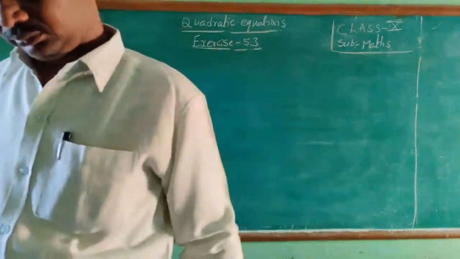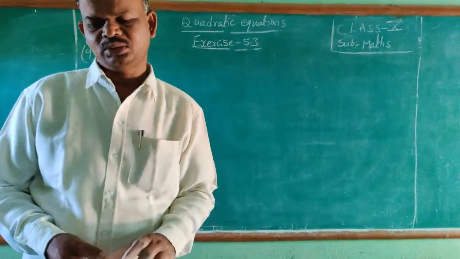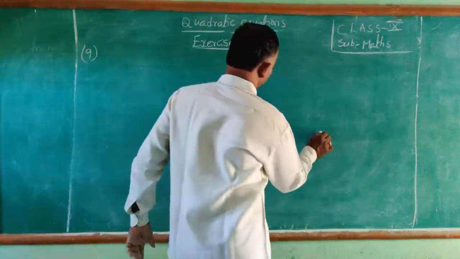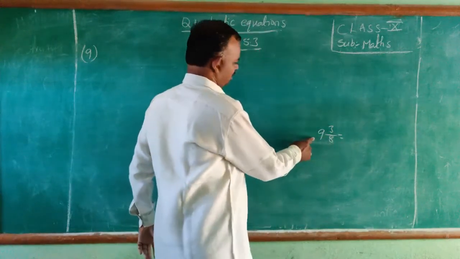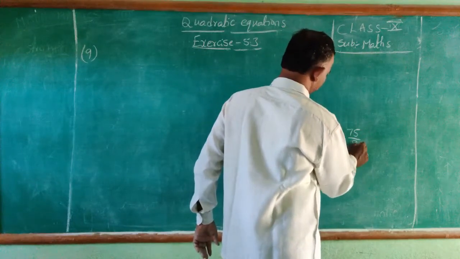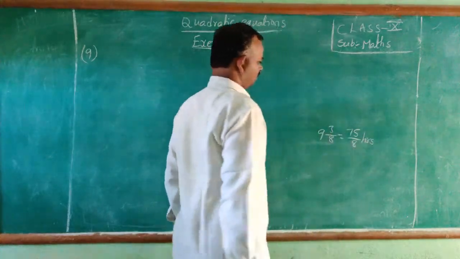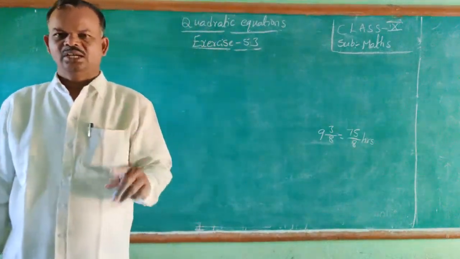Solution: Two water taps together can fill a tank in 9 3/8 hours. That means 8 nines are 72, 72 plus 3, 75 by 8 hours. There are two taps.